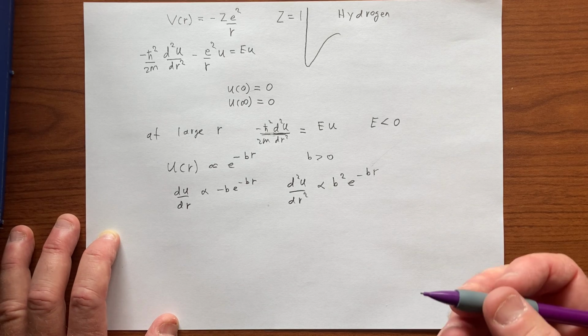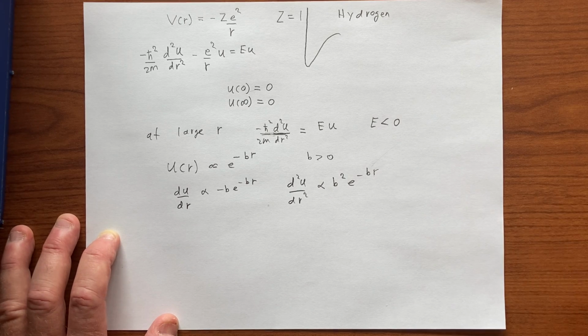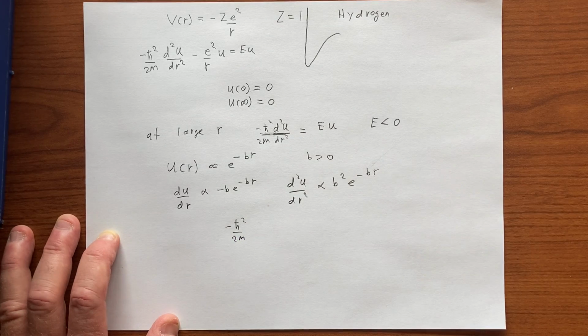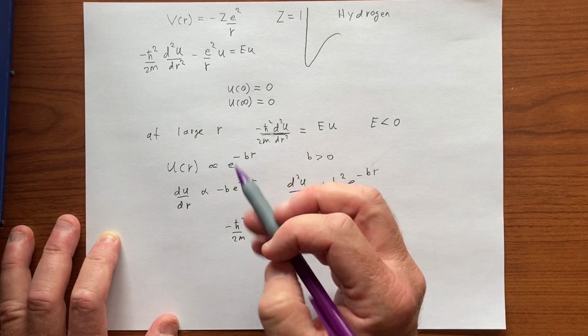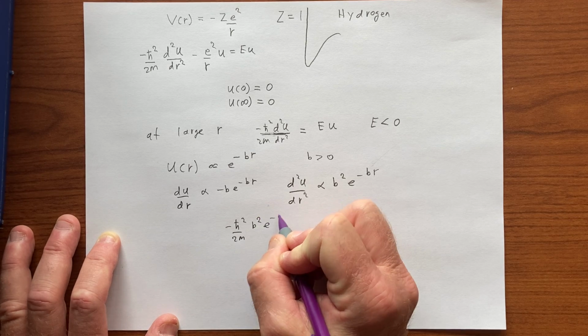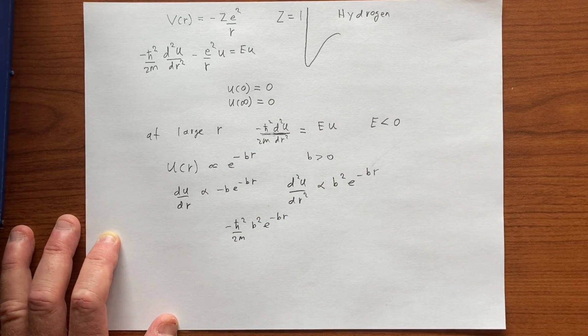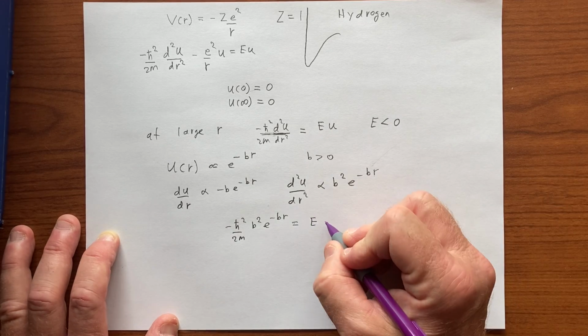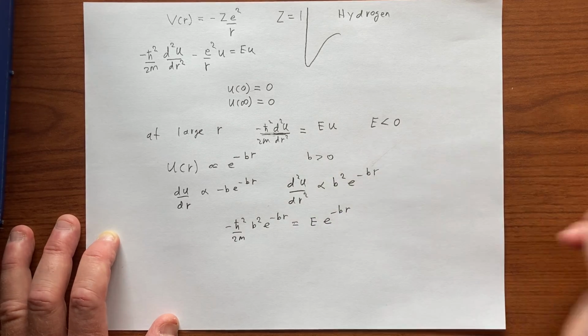And so the Schrodinger equation tells us that minus h bar squared over 2m times b squared e to the minus br equals the energy times e to the minus br.